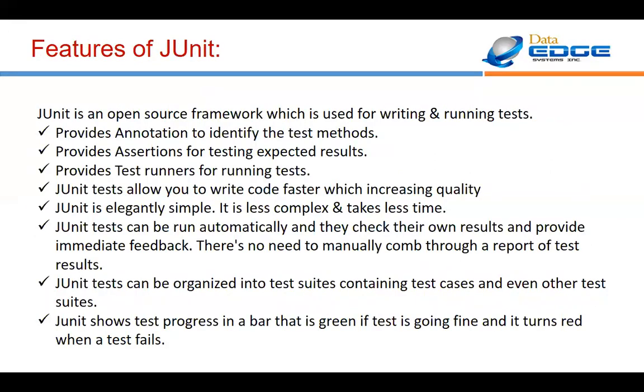So if JUnit is there, what could be the different features of JUnit? JUnit has different features, whether you are going to write or run test cases. First thing, you can see it provides annotations. What is the meaning of annotations? Annotations means code that is already written by the Java people, and you have to make use of those annotations.